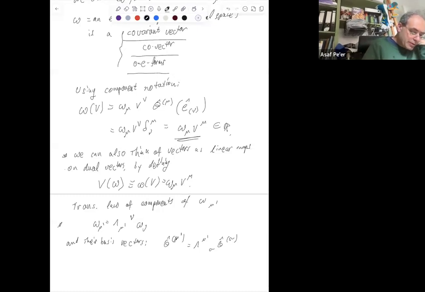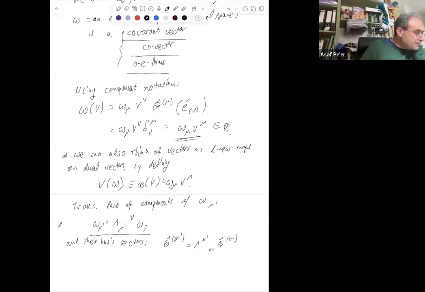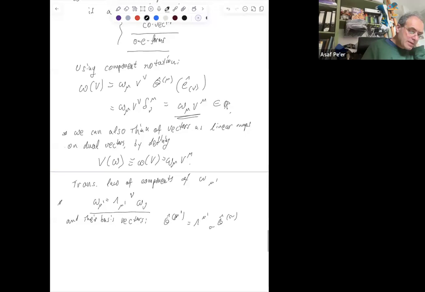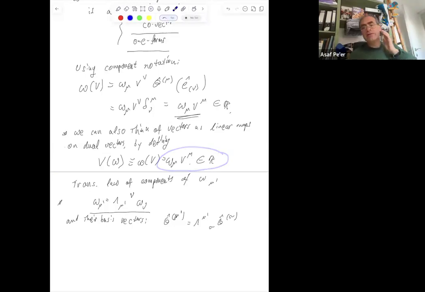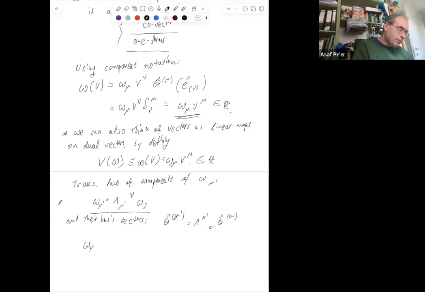Note that this is exactly the opposite transformation law to that of the components of a vector. That means the scalar function that we get here, in R, is indeed invariant under Lorentz transformation. Omega_mu V^mu is equal to omega_mu' V^mu', which is admittedly a scalar.